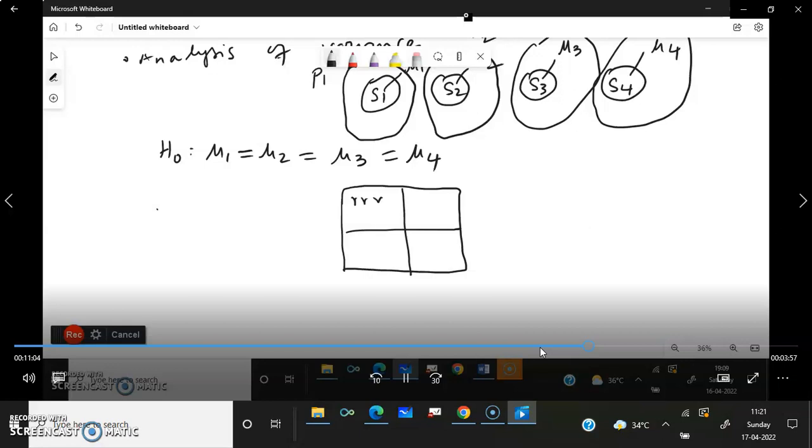In the first part I use variety 1, in the second part variety 2, in the third part variety 3, and in the fourth part variety 4. We are checking whether there is a significant difference in the production of the crop.